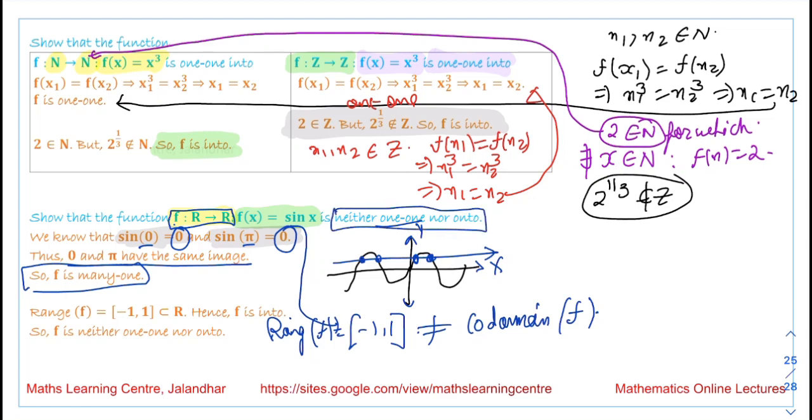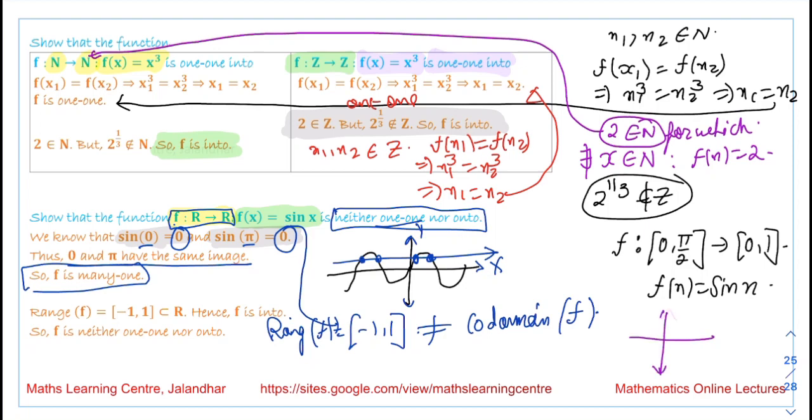nor onto. But suppose if we change the domain and codomain over here, if we are writing f is defined from the closed interval 0 to pi by 2 to the interval 0 comma 1 and f(x) is equal to sin x, then this function is both 1-1 and onto. Because if we plot the graph of this function in this region, we have the graph in this form.